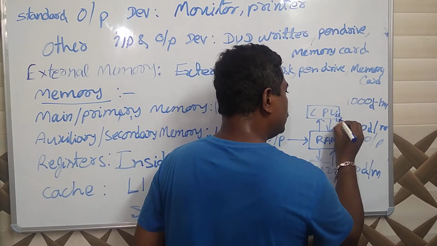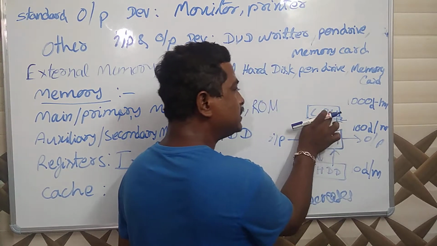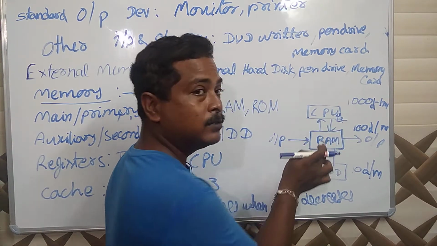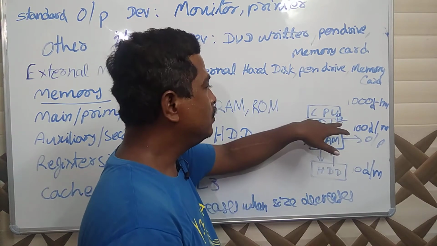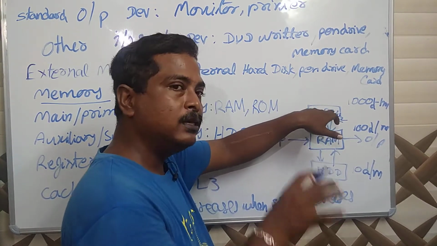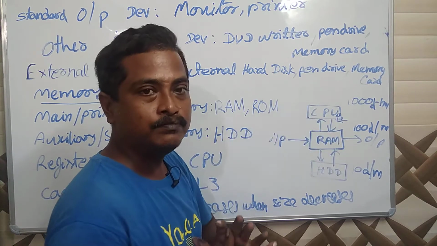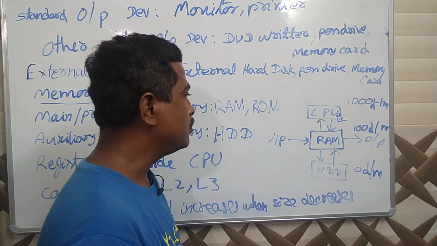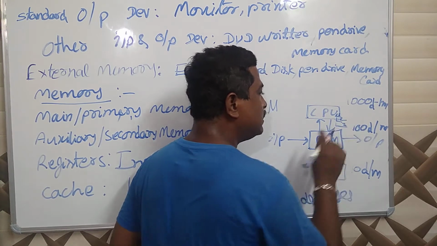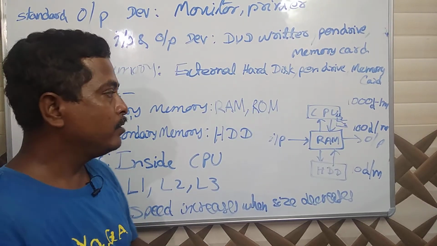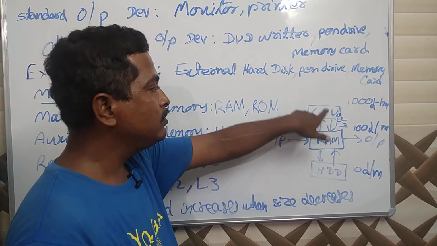For L2, I am writing 50-50: inside CPU 50%, outside 50%. That means it depends on the manufacturer whether it will be inbuilt inside the CPU or outside the CPU. There is no specific rule. Now L3 will be completely outside the CPU, but before RAM, in between CPU and RAM.